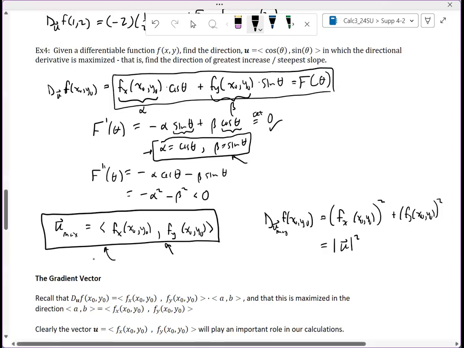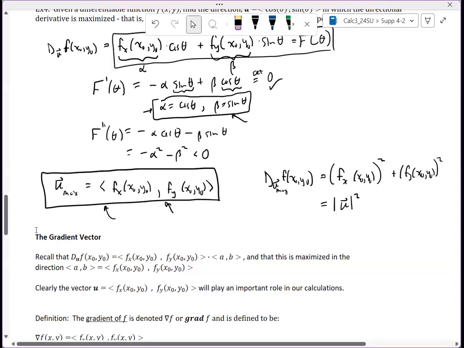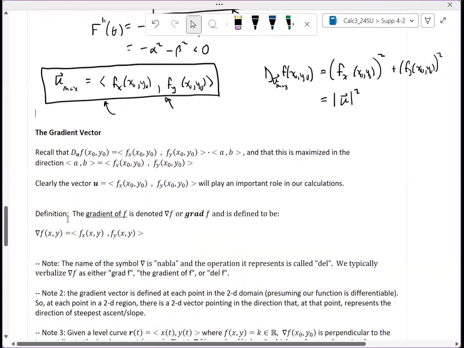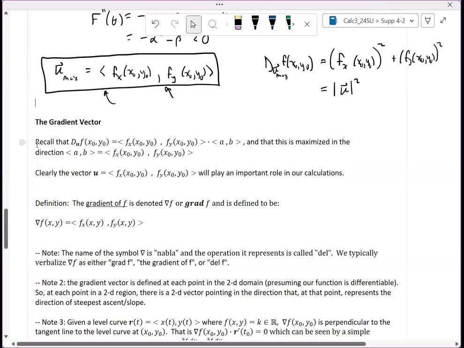It kind of seems like this maximizer, this direction that maximizes the rate of ascent, is going to be an important idea coming up here, and indeed it is. So we're going to give it a name. We're going to call it the gradient vector. And that's the next little subsection here.